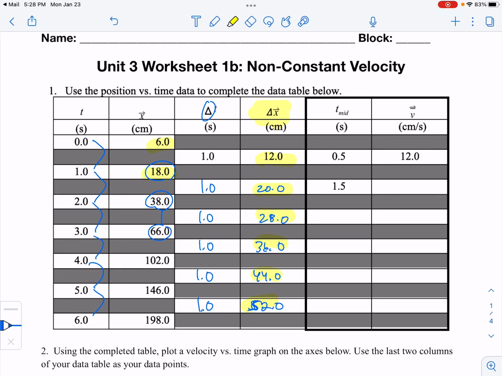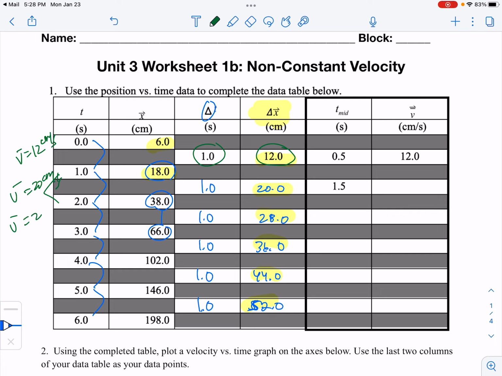If I take this change in position in this time, then I know that in this interval the average velocity is 12 centimeters per second. In this interval, the average velocity is 20 centimeters per second, and so on.